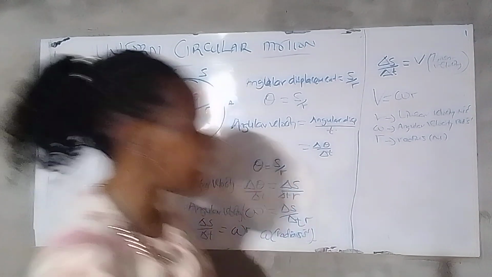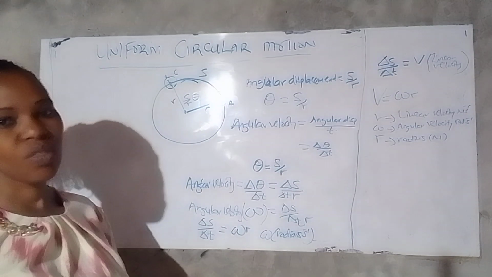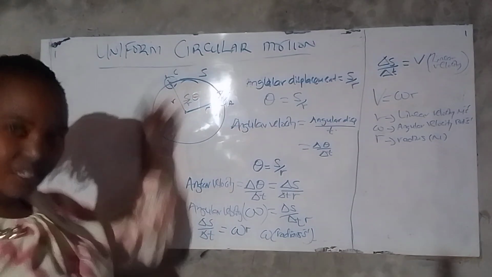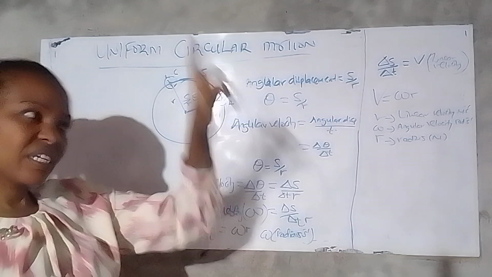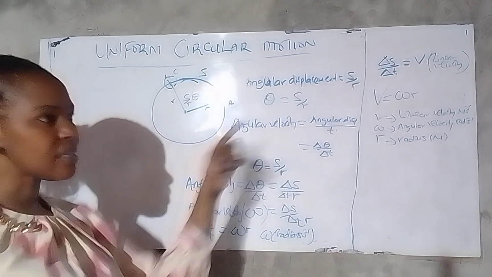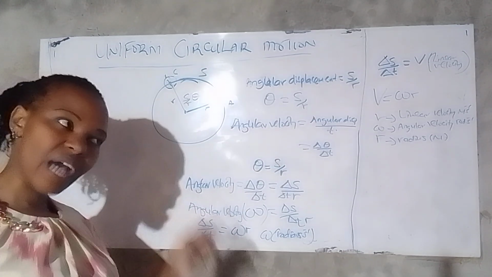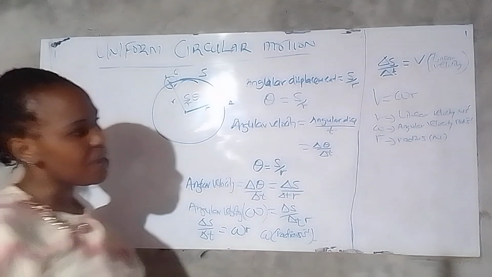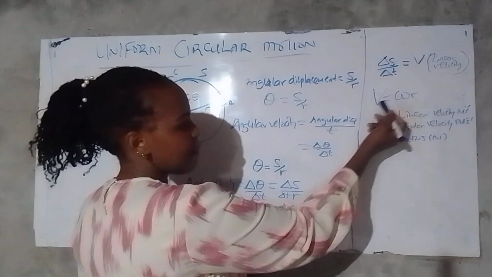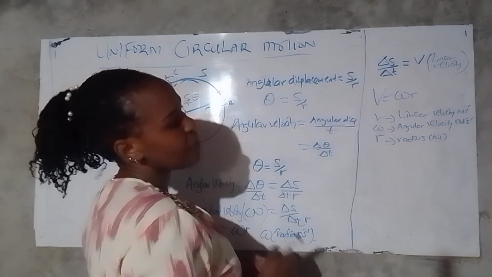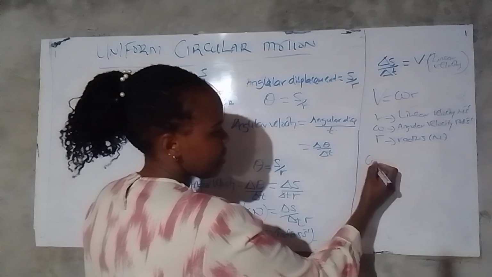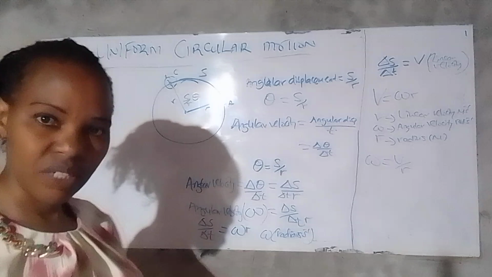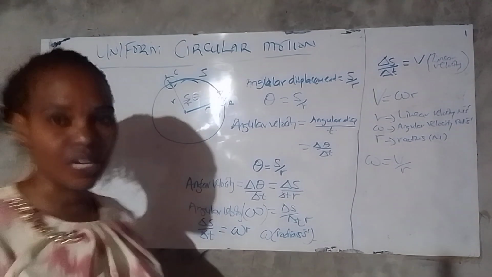We need to know the relationship between linear velocity and angular velocity, because as we go round the circumference, we are covering linear length, and we are also covering angular displacement, and the two are related. So if V is omega r, and I want to rewrite omega, angular velocity will be V over r. Simple. It is your linear velocity divided by the radius of the circular path.